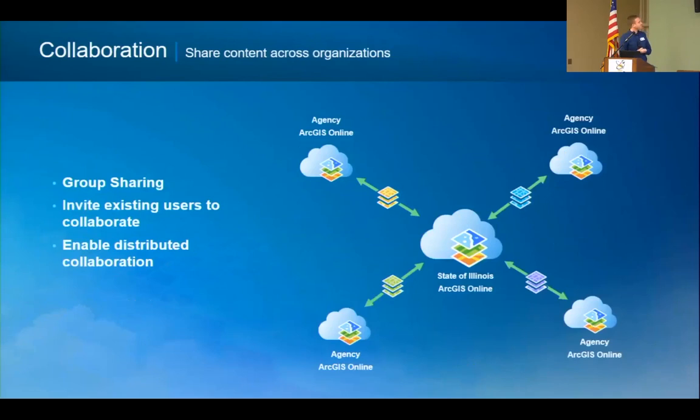When we start talking about sharing data between organizations, so let's say IEMA, state police, DNR, DOT, they all already have their own ArcGIS Online organization. How do we get data to be shared between them? One of the ways you can do that is by inviting existing users from other organizations into your own organization's group.